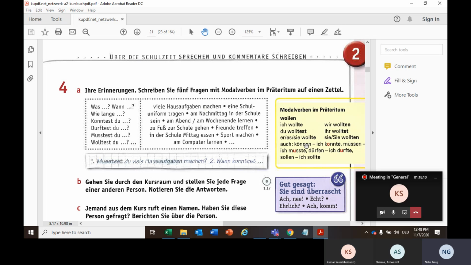Here, was mochtest du in der Schule Mittagessen? So here, you are asking what you would like, wanted or liked to eat in your school in your recess time, right? Correct. So the correct formation would be was mochtest du am Mittag in der Schule essen? I'll write the correct question once Saurabh is done writing.